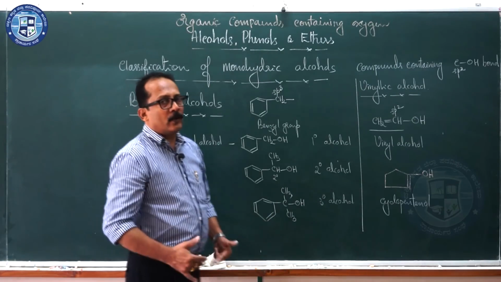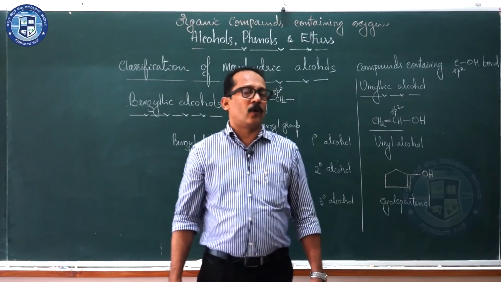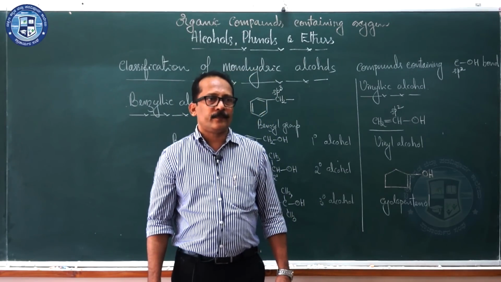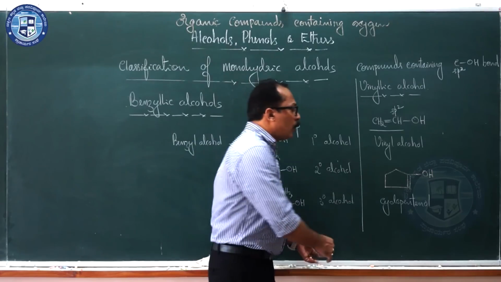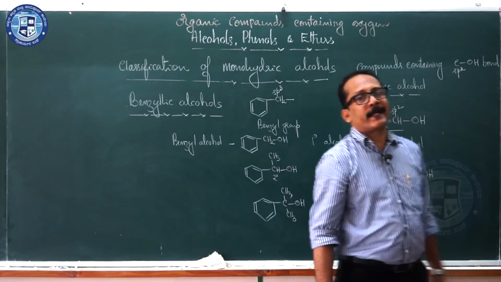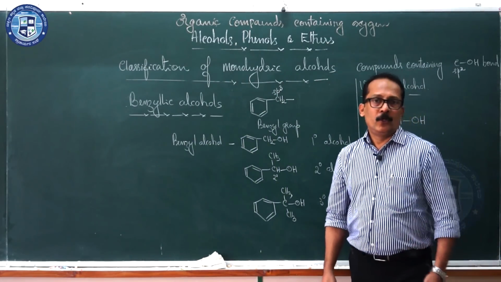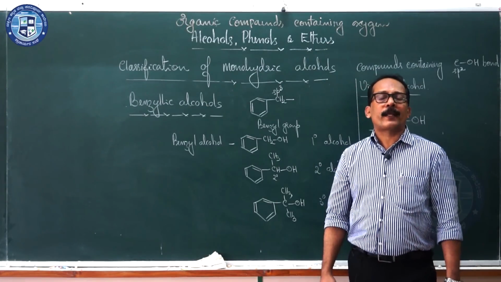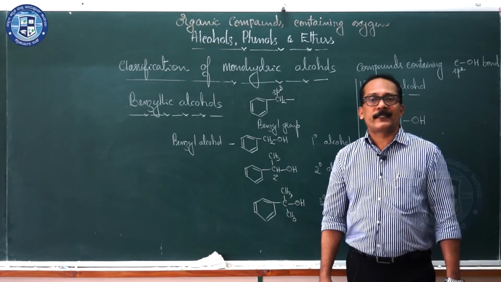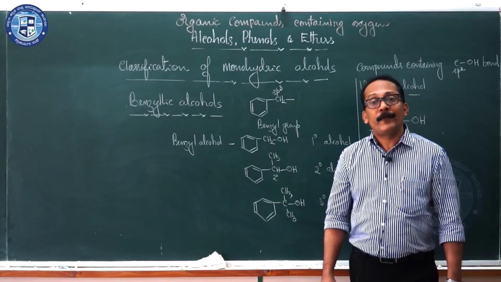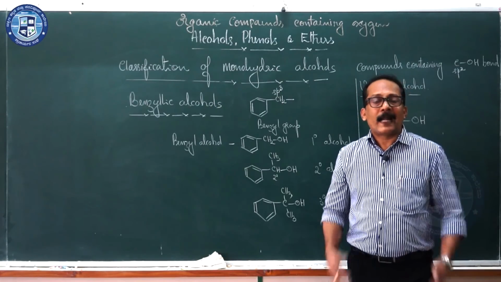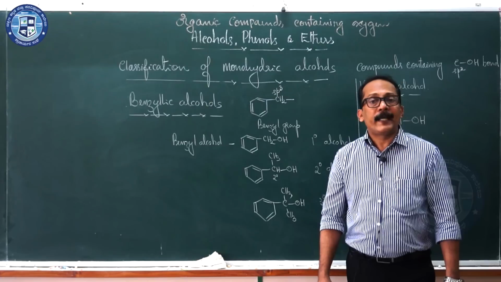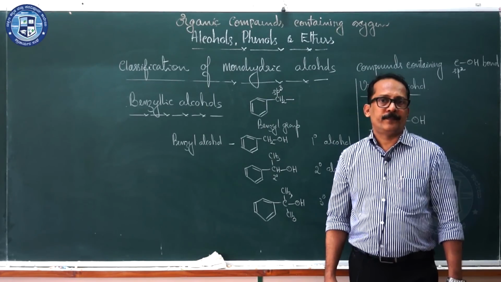Next, we will move on to nomenclature of alcohols. As you know, there are two systems in the nomenclature of organic compounds. The oldest system of naming organic compounds is called common system, or it is also called trivial system, and the latest one is called IUPAC system.